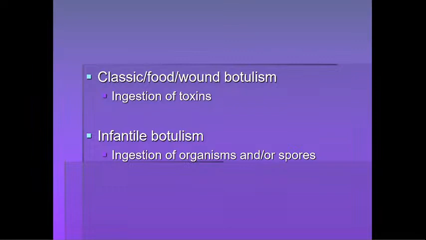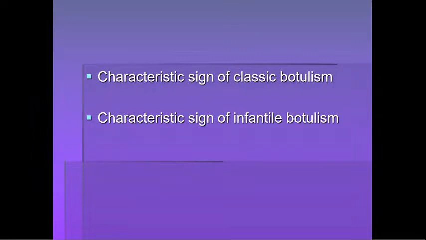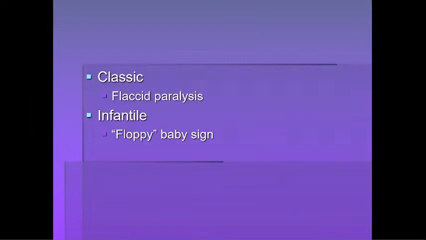Infantile botulism is basically ingestion of the organisms or their spores. Okay, what's the characteristic sign of a patient with classic botulism? Flaccid paralysis. For infantile botulism, it's known as the floppy baby sign. So that's the reason why we always want kids to drink milk that has been sterilized.